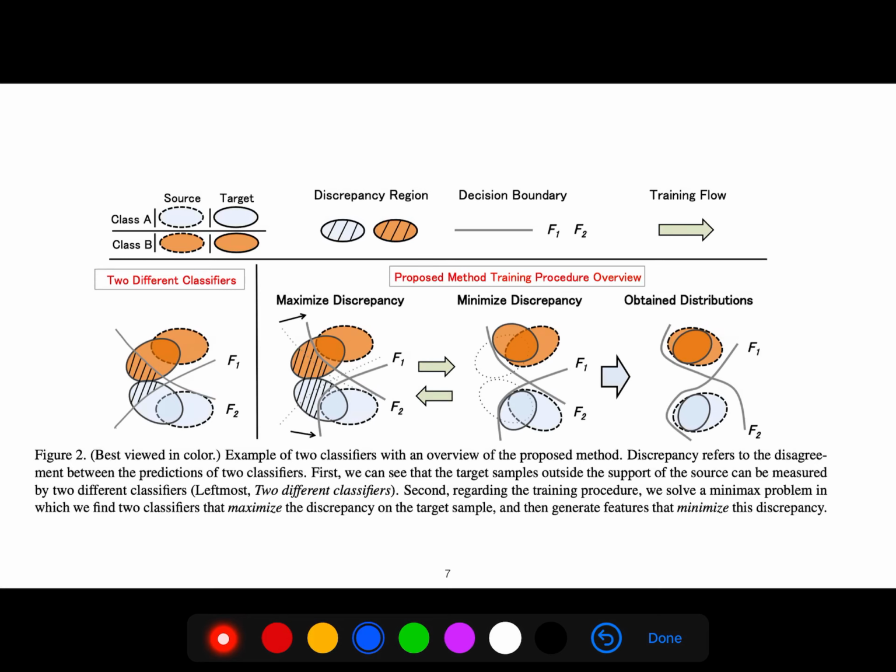Second, regarding the training procedure, we solve a minimax problem in which we find two classifiers that maximize the discrepancy on the target sample and then generate features that minimize this discrepancy.